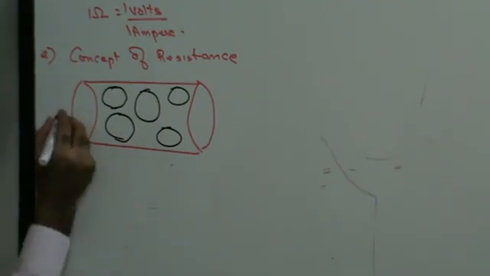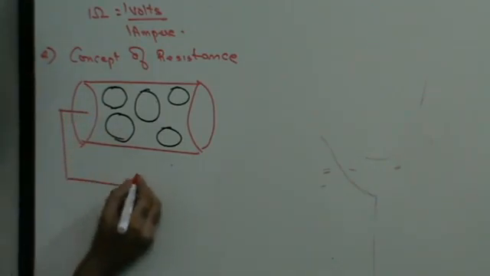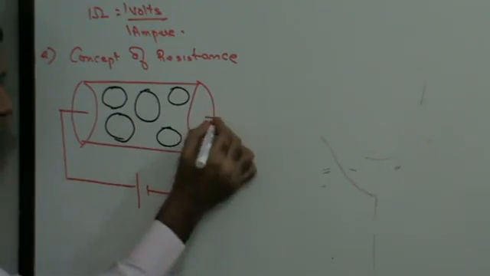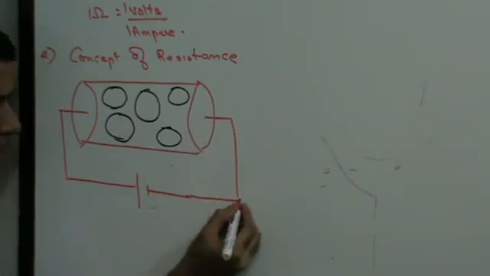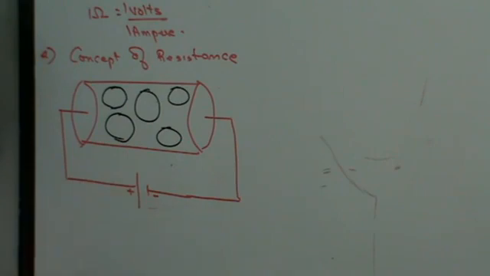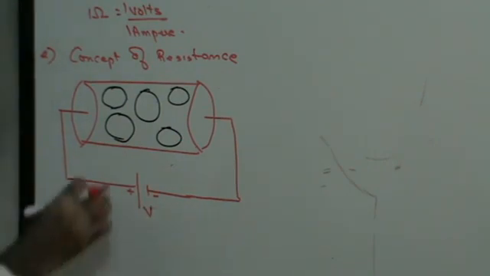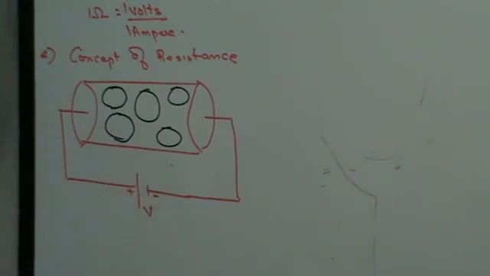Now, when potential difference is applied to the wire, that is to the conductor, this is the positive terminal, this is the negative terminal. When potential difference is applied to the conductor, the positive terminal attracts all the electrons, because we know that opposite charges attract each other.